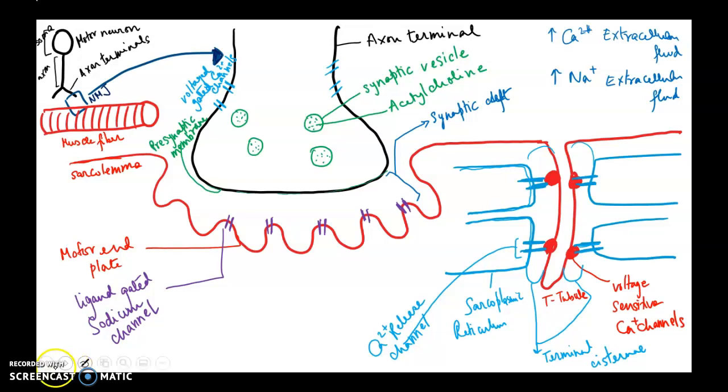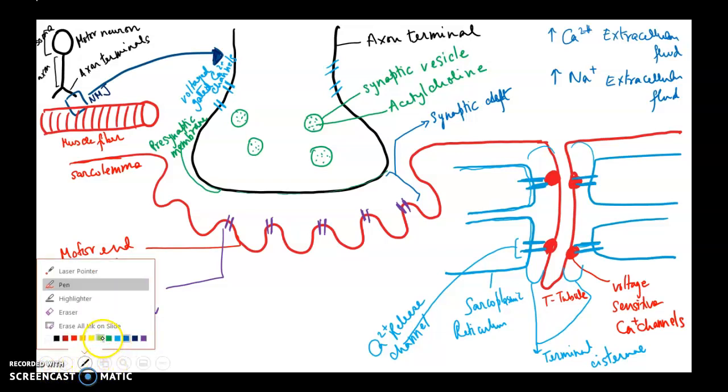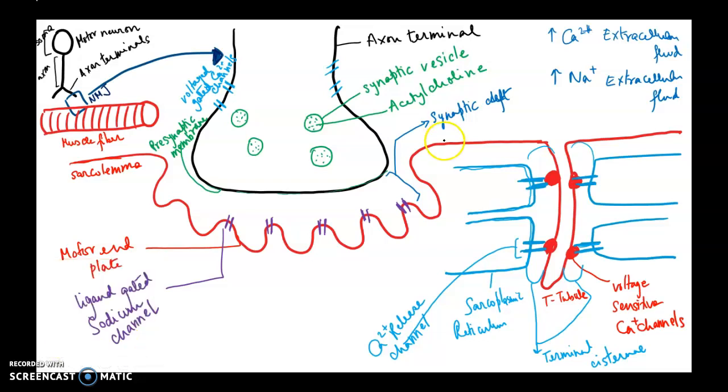And then there is another channel that I need to talk about. Let's put it in black. These channels are all across the sarcolemma, and these channels are called voltage-gated sodium channels.